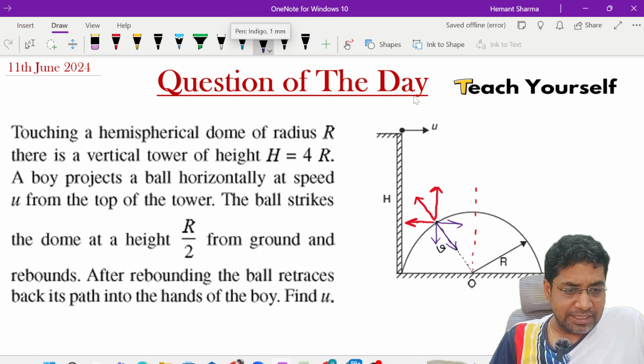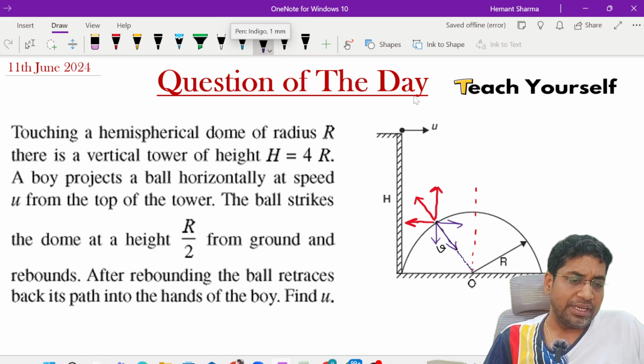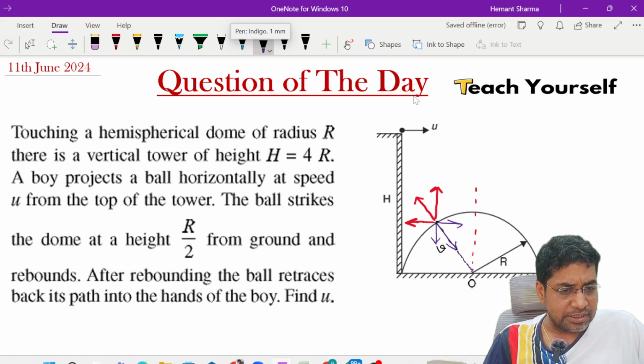So this is possible only when the velocity vector is along the line normal to the dome. It means it must pass through the center of the dome.